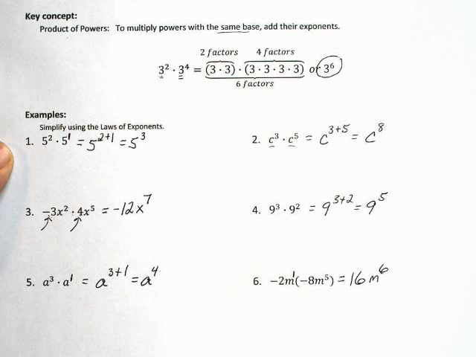For problem 6, this is one of those questions where there are powers, but in front of those powers there are coefficients. And so I started this question by multiplying -2 times -8. Just normal multiplication. -2 times -8 is 16.